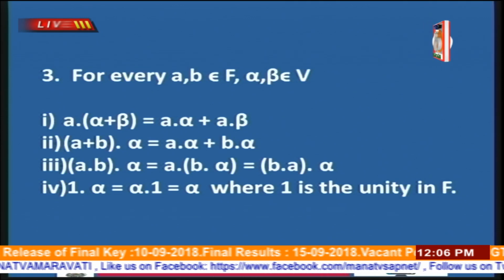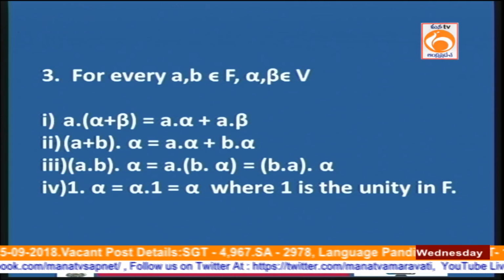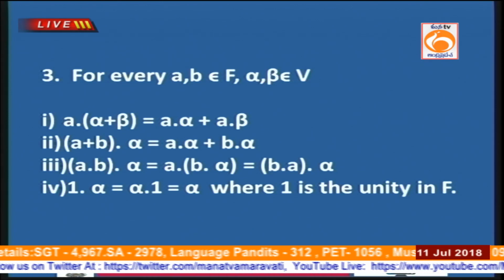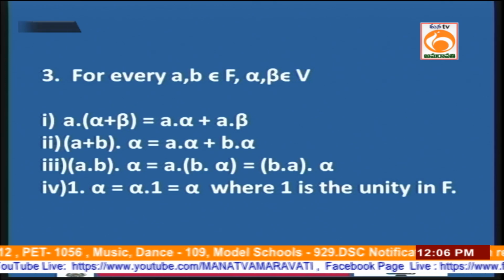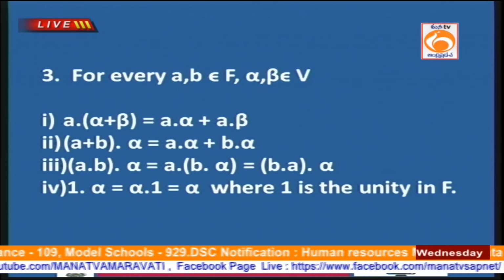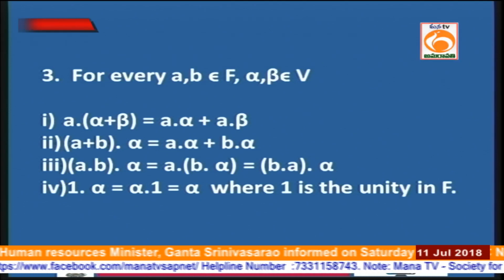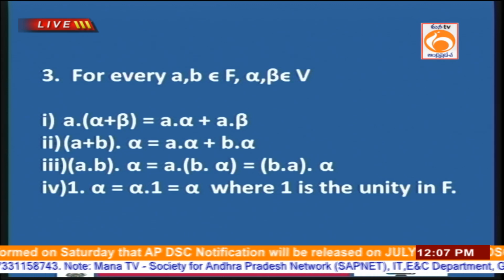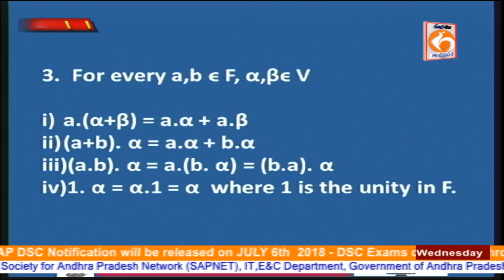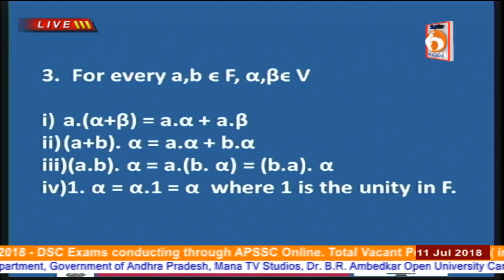The second one is (a plus b) dot alpha should be equal to a dot alpha plus b dot alpha. The third condition is (a dot b) dot alpha, with a dot b in the bracket, should be equal to a dot (b dot alpha), which is also equal to b dot (a dot alpha). And the fourth one, finally, is 1 dot alpha equal to alpha dot 1, which should be equal to alpha.